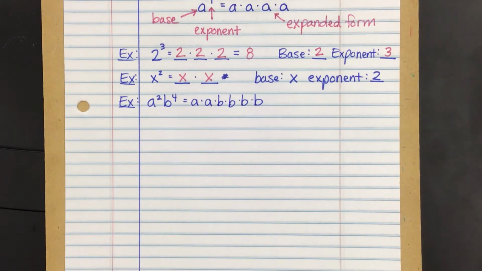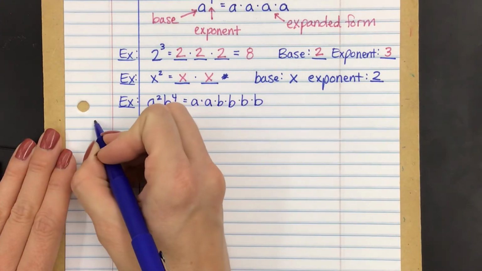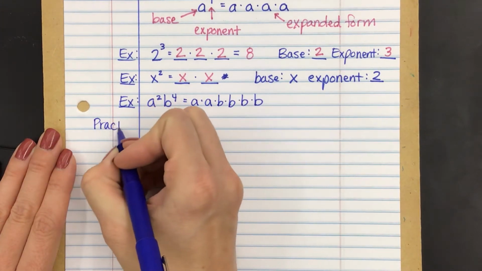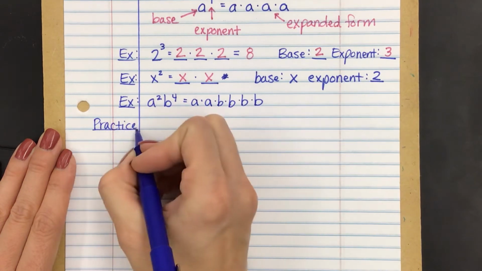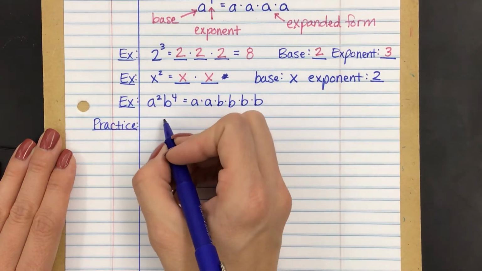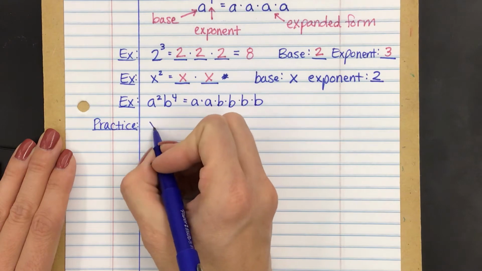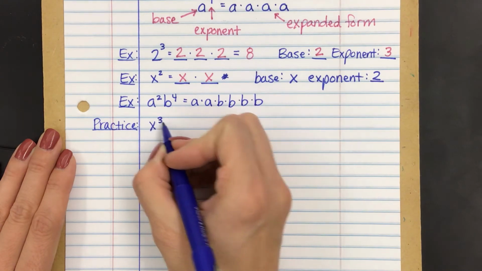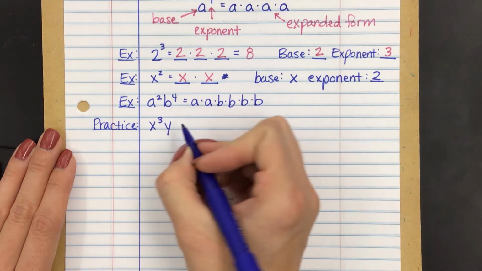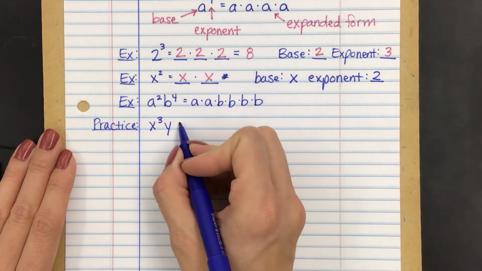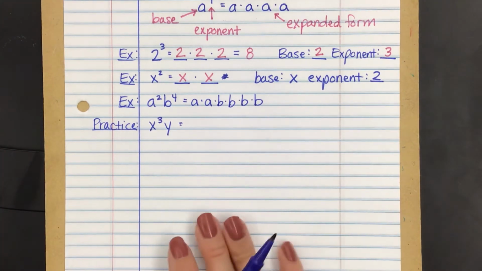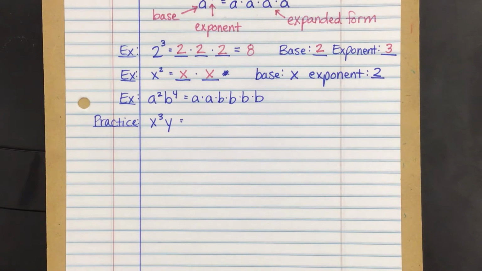Okay. I'm going to have you try one. Okay, write that in expanded notation. X to the third times y.